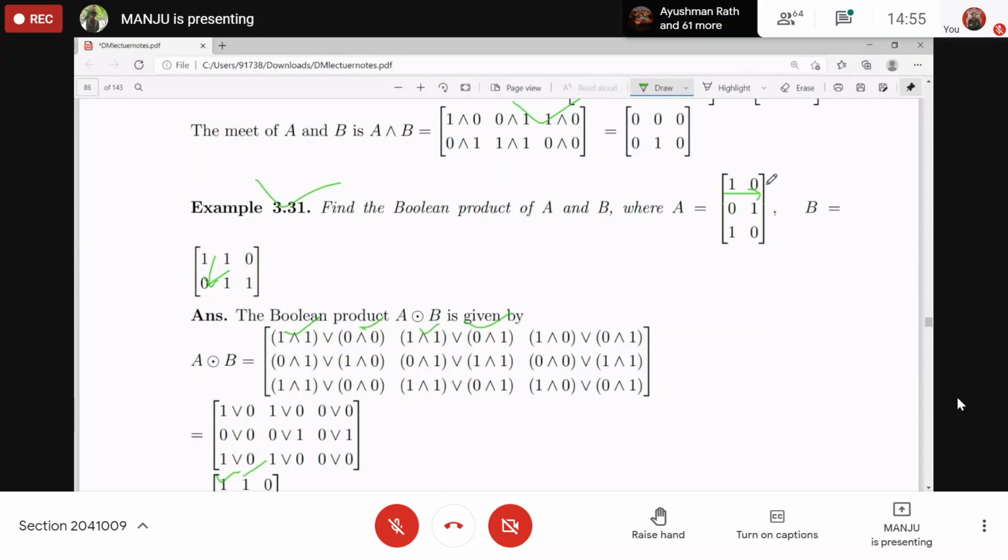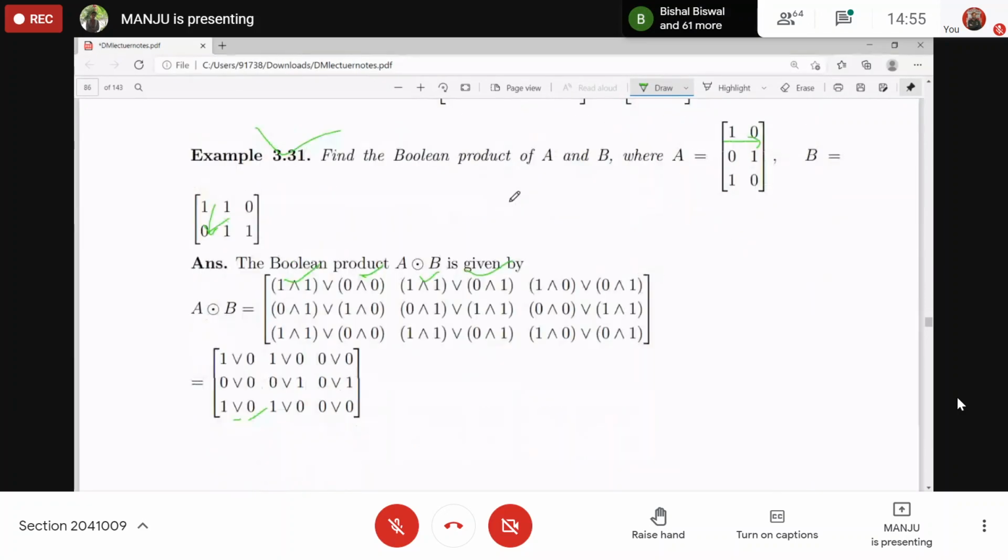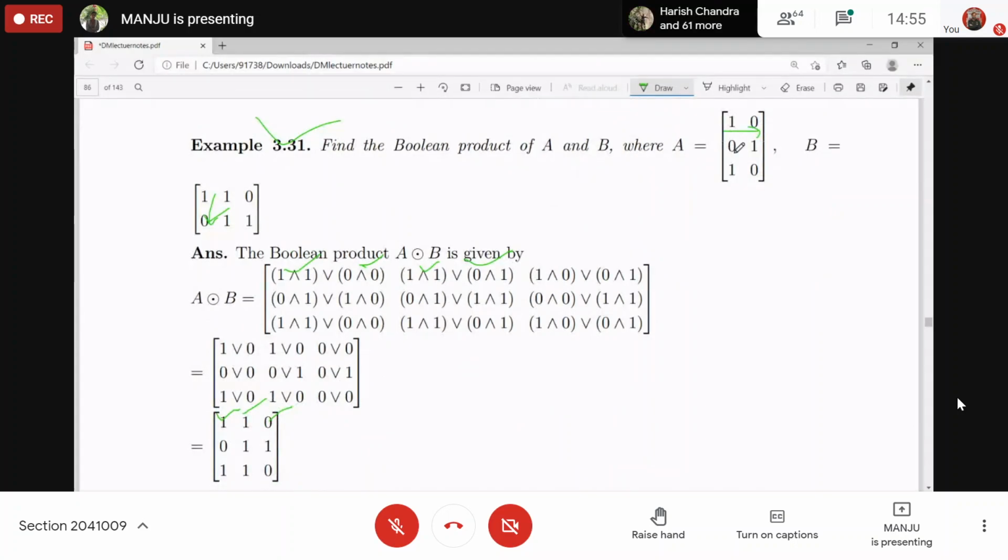Next, 1 conjunction with 0 is 0, disjunction with 0 conjunction with 1 is 0, so 0 disjunction 0 will finally give 0. Similarly, you can take the second row with each column and the third row with each column, and you get this matrix. Is there any doubt?